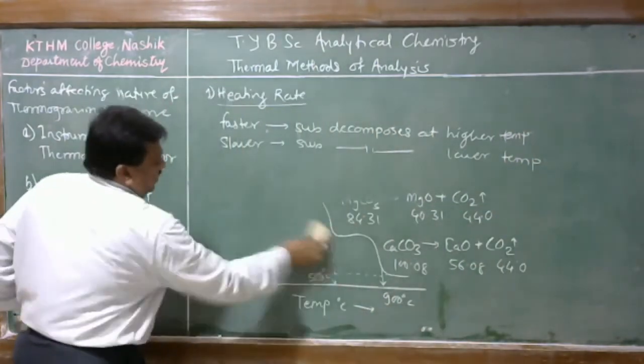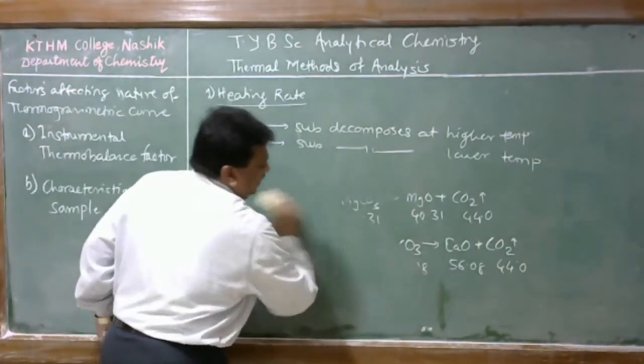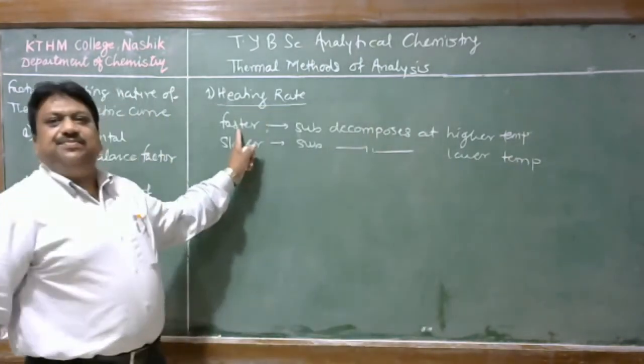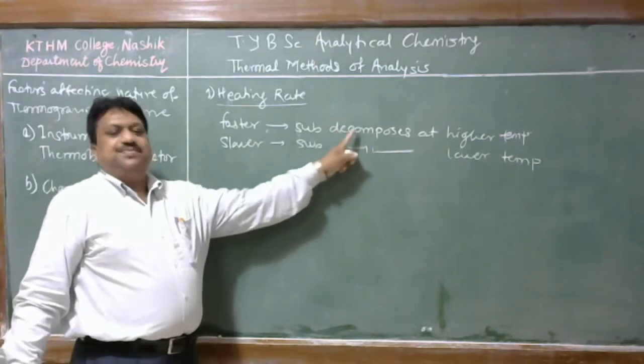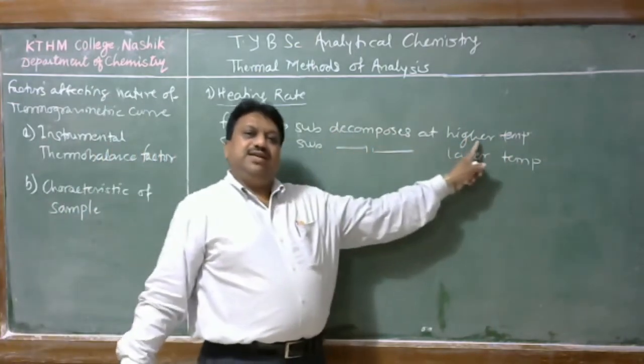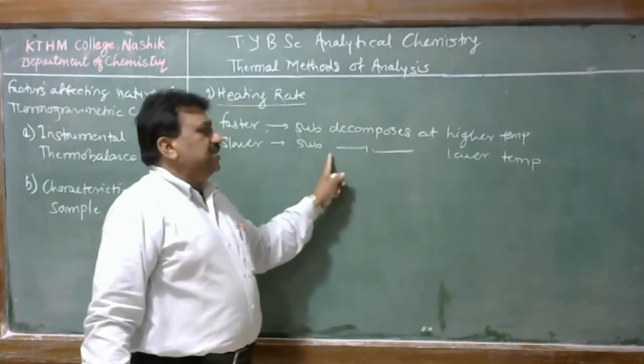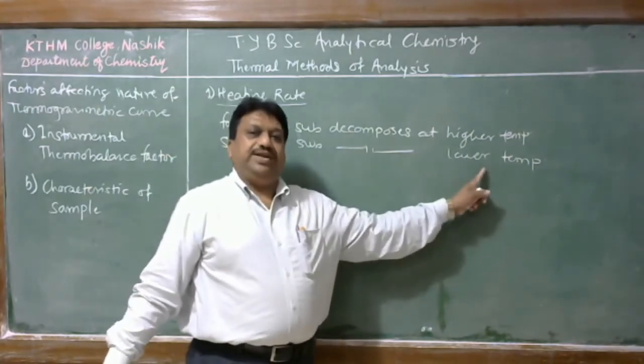Here, heating rate directly affects the decomposition temperature of the substance. That means if heating rate is faster, the substance will decompose at higher temperature. If heating rate is lower, the substance will decompose at lower temperature.